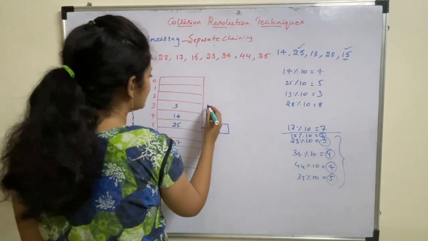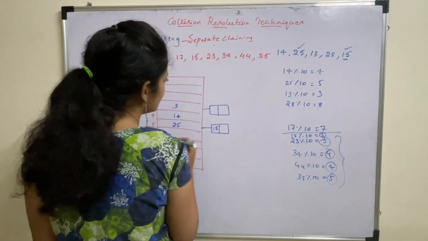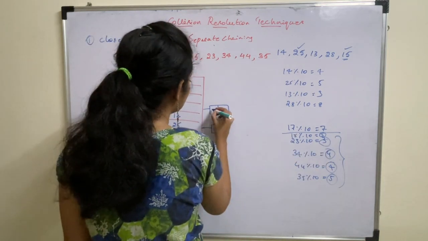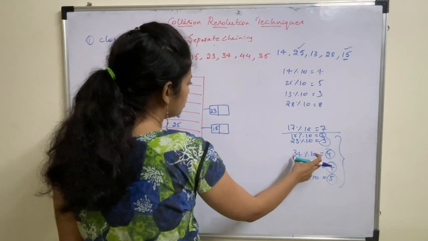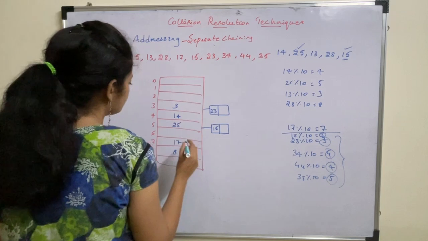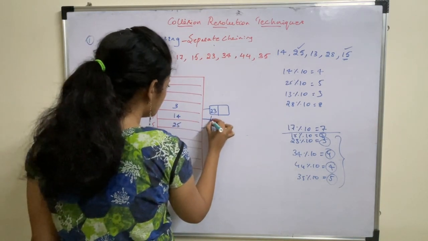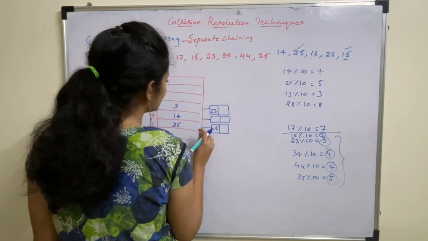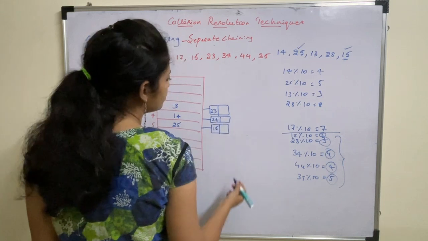So 23 should be placed at location 3. Let us create a linked list here and insert 23. Then 34 mod 10: 34 should be stored at location 4, but this location is already occupied, so let us take a linked list and place 34.